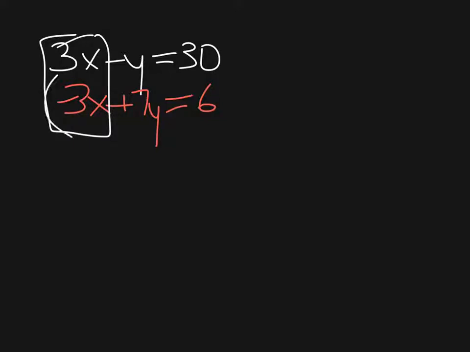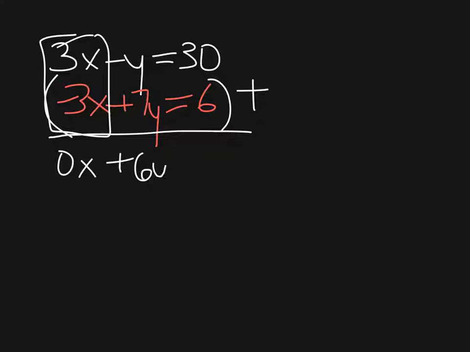So if I add them together, I'm going to remind myself that I'm going to add these. When I do that, I end up with a 0x here. Negative y plus 7y is going to give me 6y. 30 plus 6 is going to give me 36. So 6y is equal to 36, so y is just going to be equal to 6.